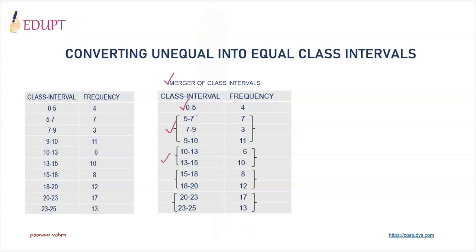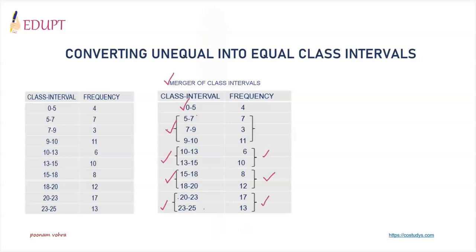Then we can have another merger with 10 to 13 and 13 to 15 as class intervals and merge the frequencies. Similarly, we can make the next class interval as 15 to 20 by merging these two class intervals and clubbing the frequencies. And last, we can have a merger of 20 to 23 and 23 to 25 class intervals and club these frequencies.